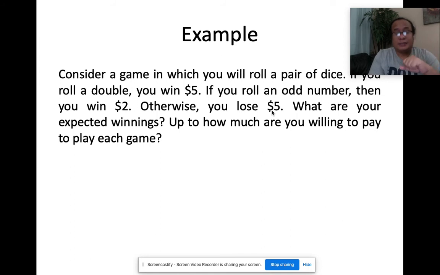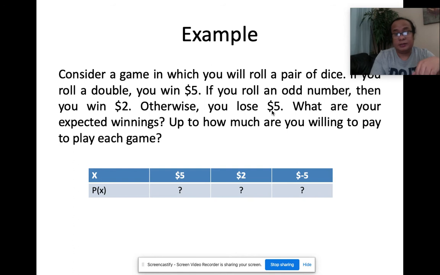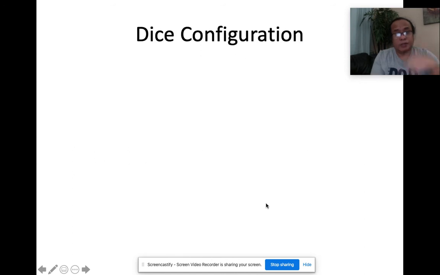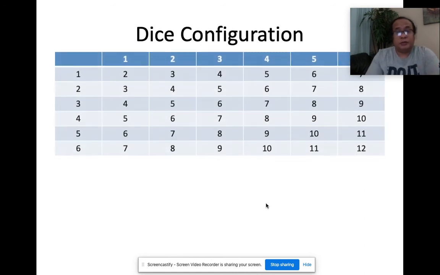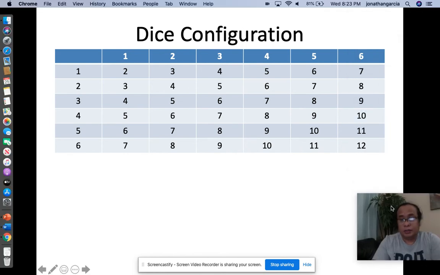Those are your x's: 5, 2, and negative 5. So what would be the probability? The easiest way is to find the dice configuration. If I'm going to do the dice configuration, let me move this one.